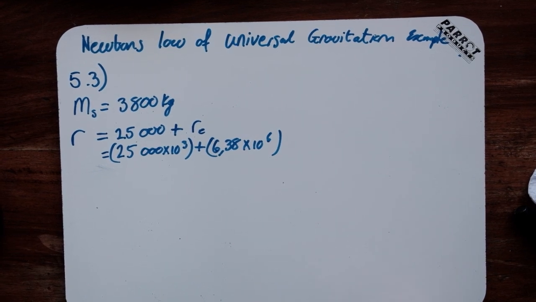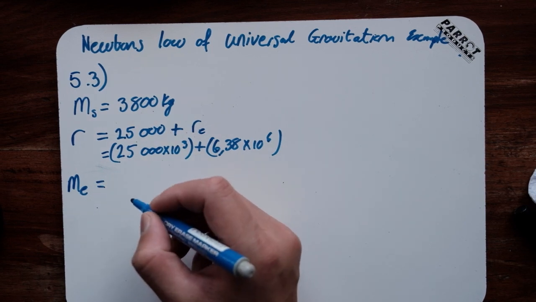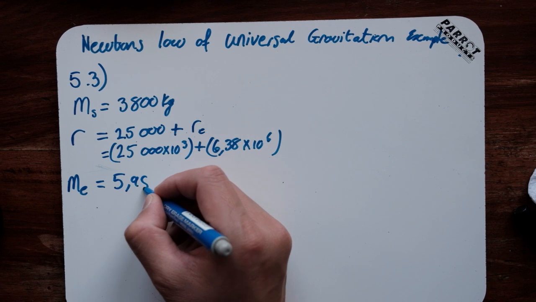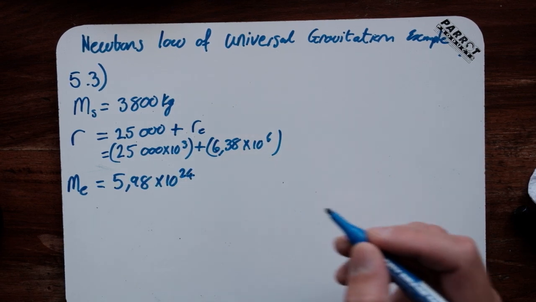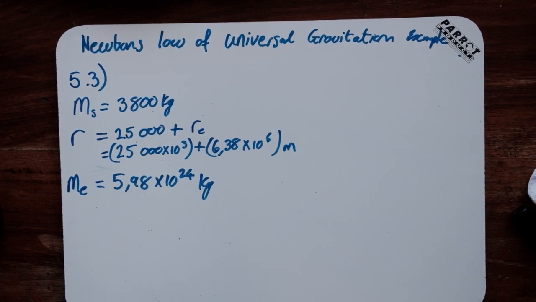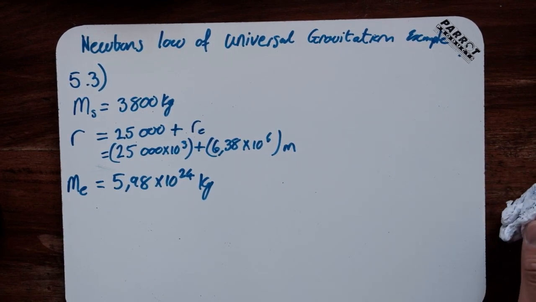The mass of the Earth is always going to be given to you at the back of your exams. And the mass of the Earth is 5,98 times 10 to the power of 24 kilograms. These are in meters. Those are what you should be identifying right now. Those are the things that you should find from the question itself.